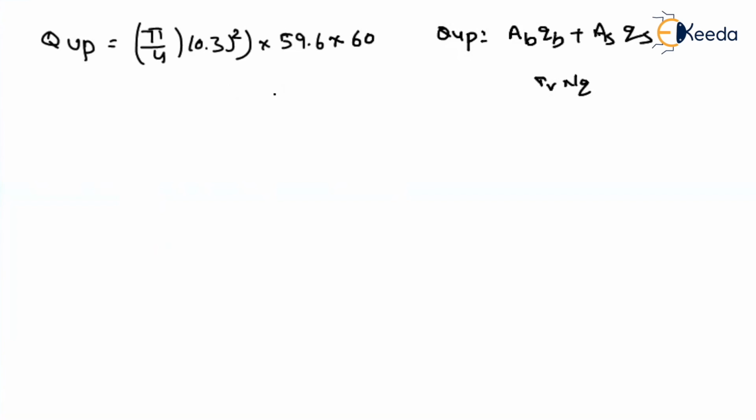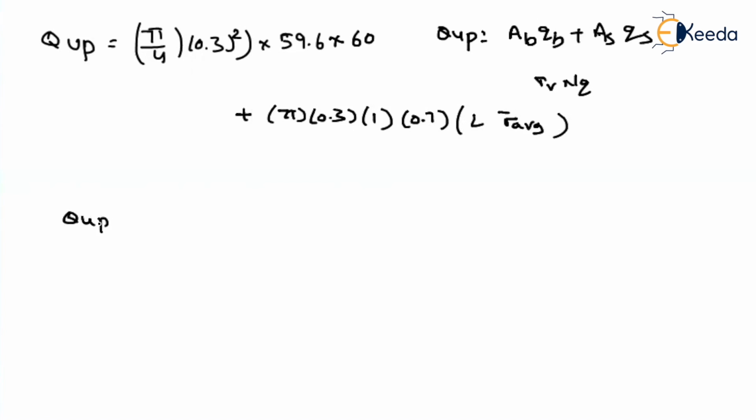Plus, because of the surface area, 5 into 0.3 into 1 into 0.7 into L average, L into average vertical stress. We already found the L into average value. If you substitute it, the ultimate capacity of the pile we get is 507 kilonewton.